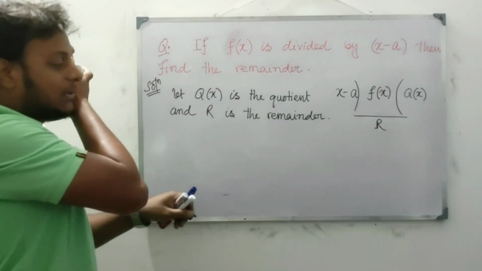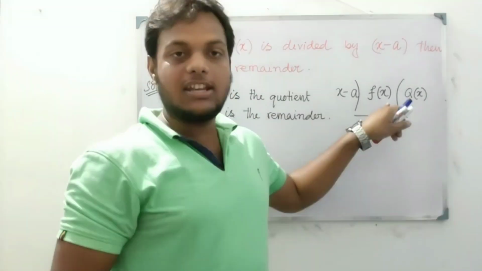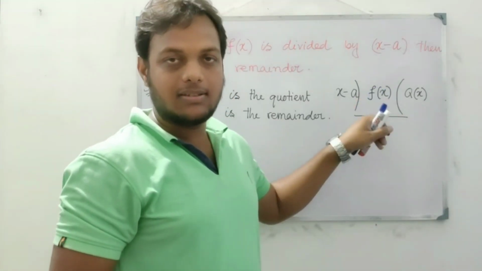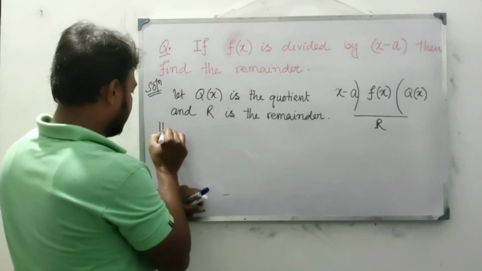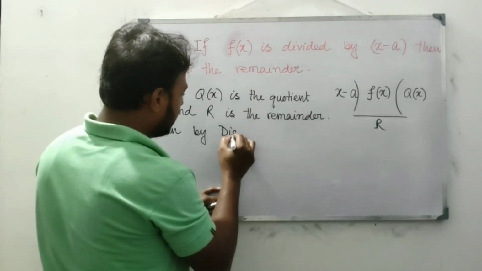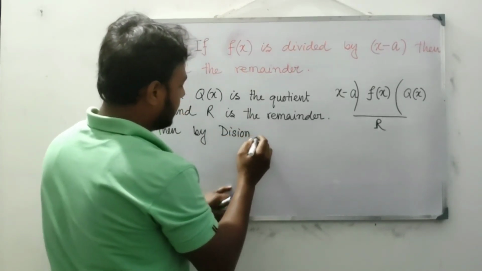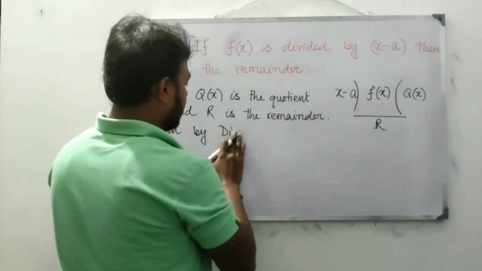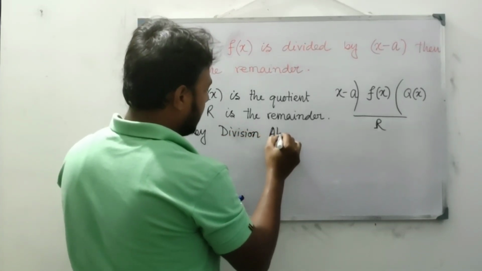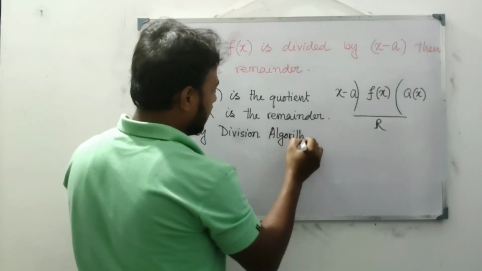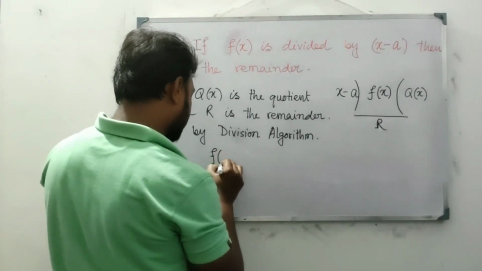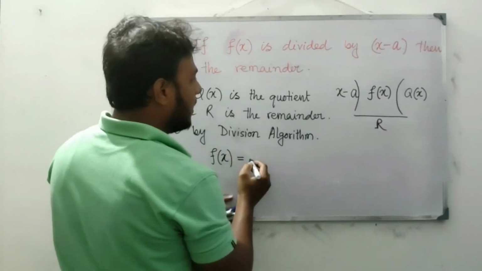So clearly this is a division process, so the division algorithm must be satisfied by this. Then by the division algorithm, the dividend, that means f(x), equals divisor into quotient.